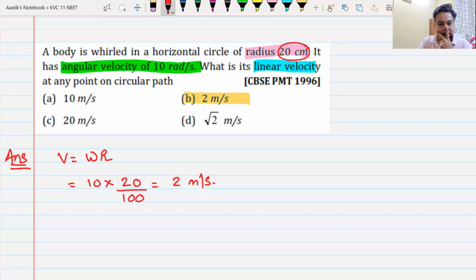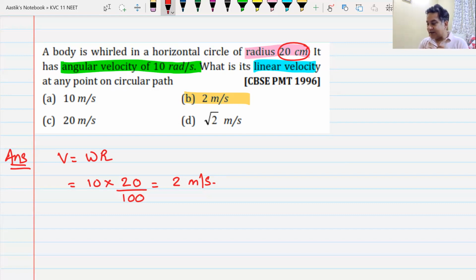So I guess you must be able to do this. Yes or no? Everyone understands this? It is very simple. There is one more type of acceleration that we need to understand.